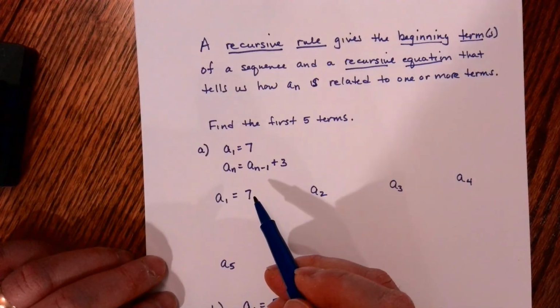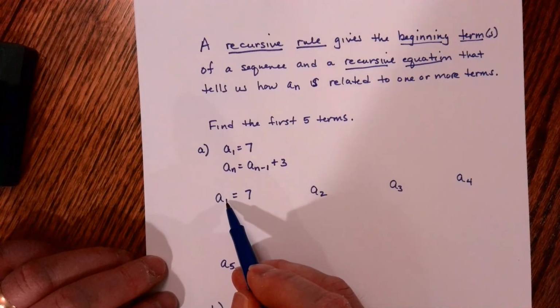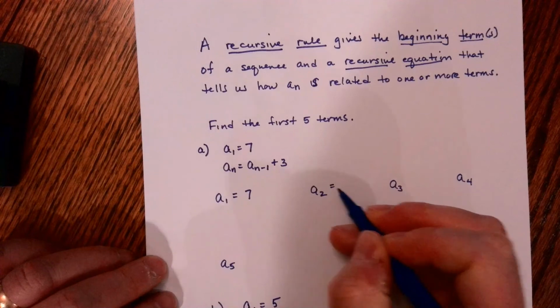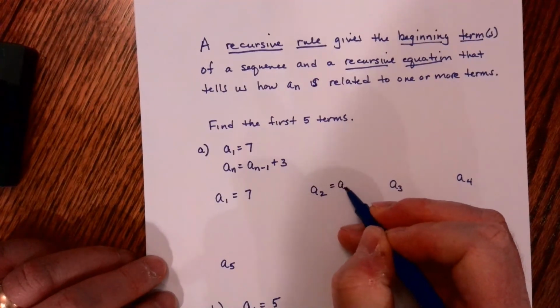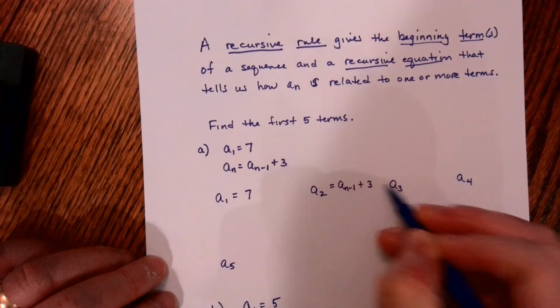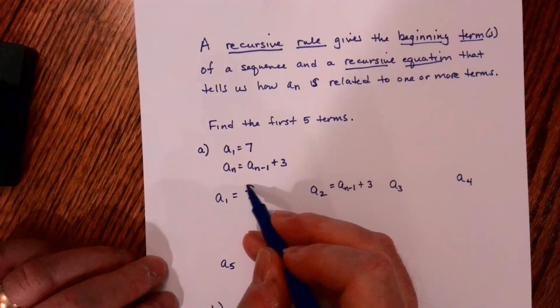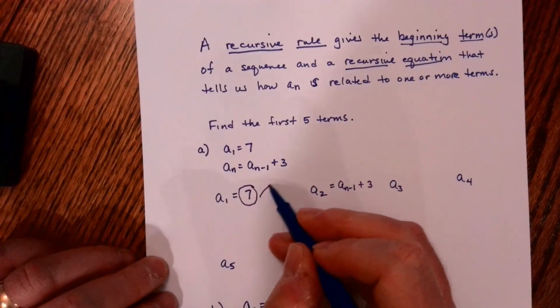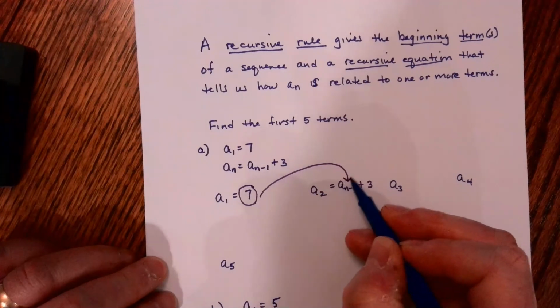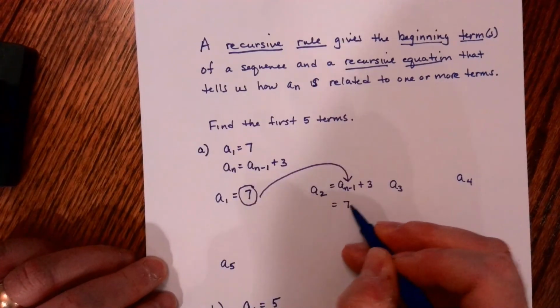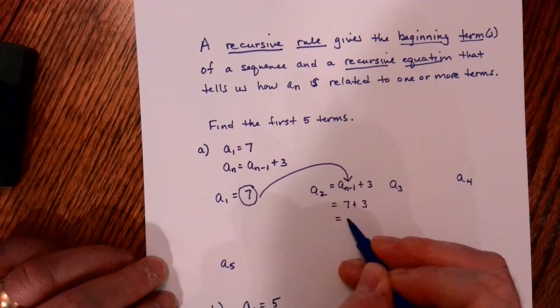What is 2 minus 1? It's 1. But we already know the value of our first term. So therefore, if we took a sub n minus 1 plus 3, we already know this value. So we're going to simply plug this in, end up with 7 plus 3, which is 10.